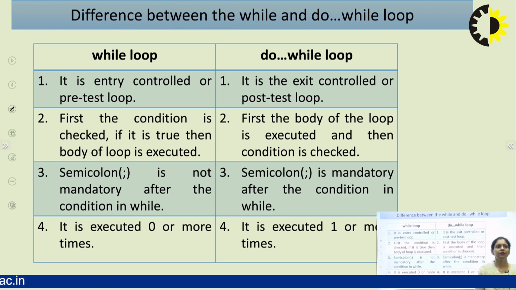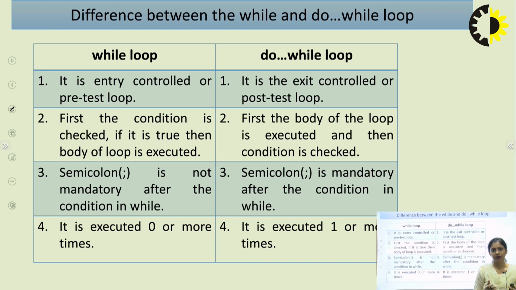In the while loop, we do not put the terminator sign after the while because the body of the loop still follows. But in the do while loop, because the body of the loop is already defined, only then do we have the while condition. That is why we put a semicolon at the end. The while loop executes either 0 or more times, that is, it might not execute even once, but the do while executes at least once and it could be more times as well.